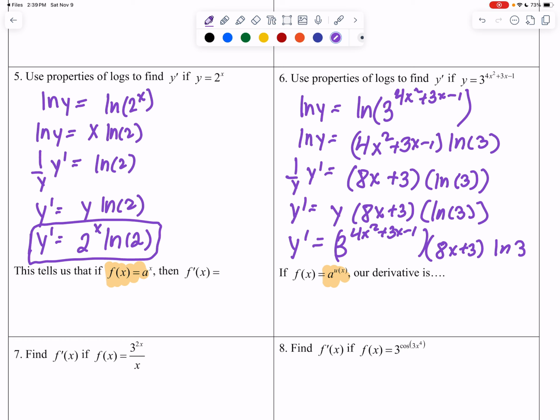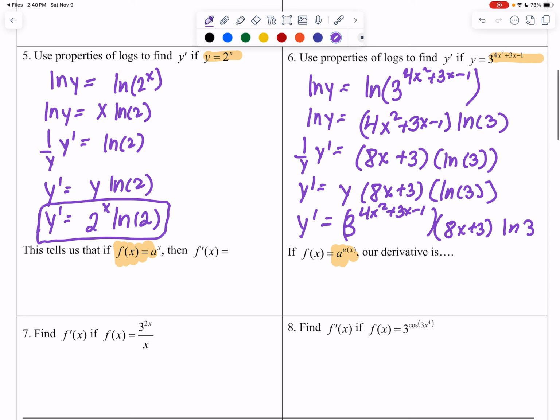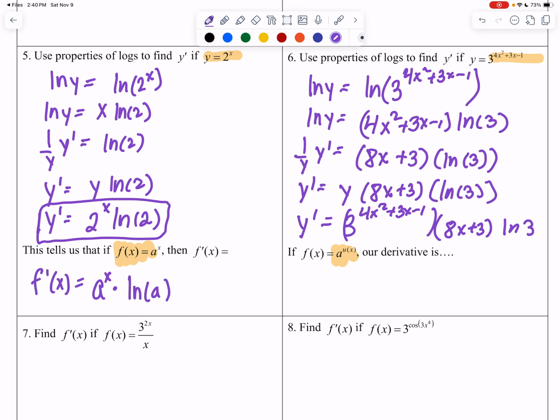Hopefully you saw with these two examples right here that we're still going to have our y. So 2 to the x and 3 to the 4x squared plus 3x minus 1. So if I have a to the x, we're still going to have a to the x, but then we're going to plop a ln of whatever the base is. So your derivative here is going to be a to the x times ln of a.